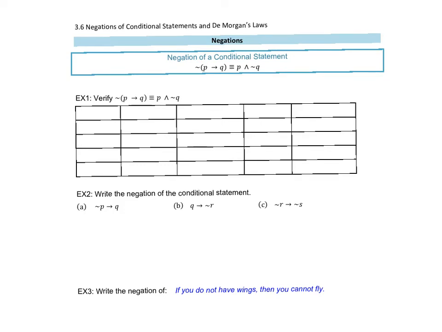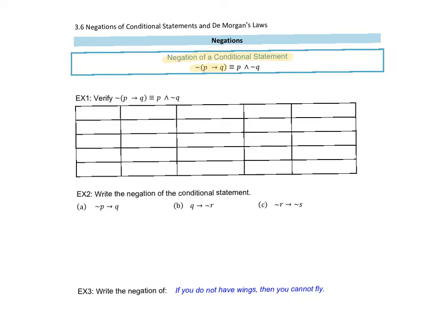In section 3.6, we're going to continue with our use of truth tables. The first thing we're going to look at is conditional statements, but this time we're going to negate our conditional statement. And there's a pattern. Whenever you negate a conditional statement, remember you're negating everything inside the parentheses.